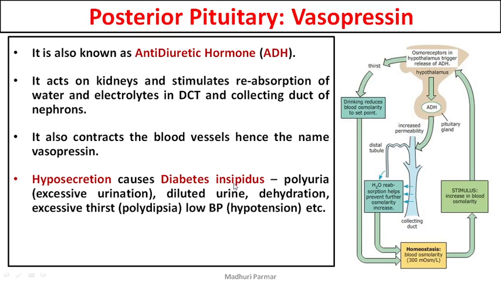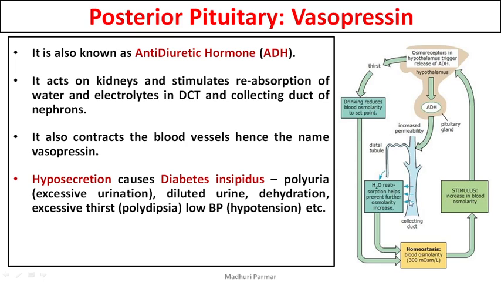Now here it is important to remember there are two types of diabetes: diabetes mellitus and diabetes insipidus. Mellitus is because of high blood glucose. Insipidus is because of hyposecretion of vasopressin. Clear? Why both of them are called diabetes is because their symptoms are somewhat similar. The symptoms are polyuria. Polyuria means frequent urination.